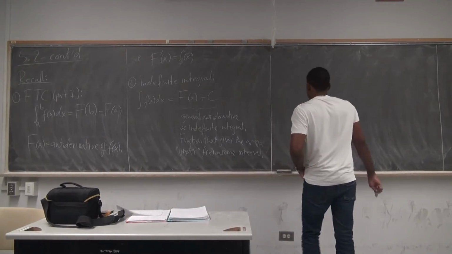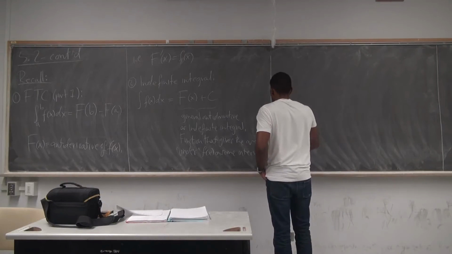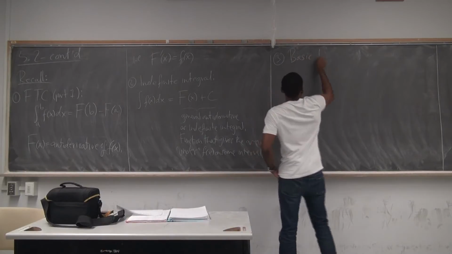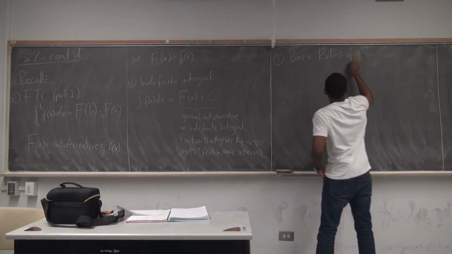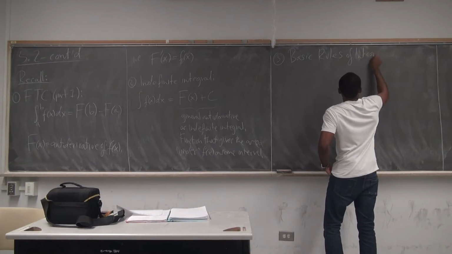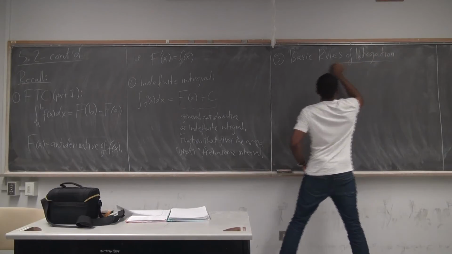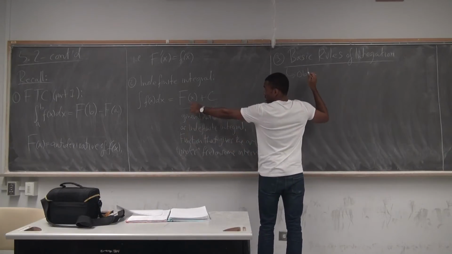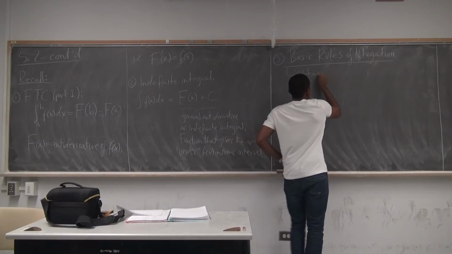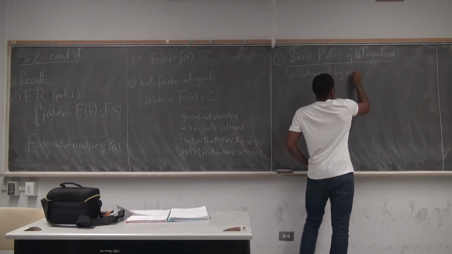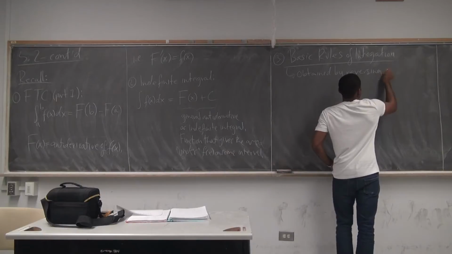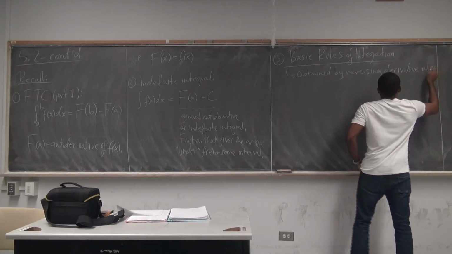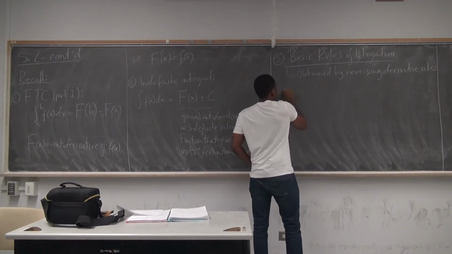What else did we talk about? We talked about the basic rules of integration. Basically, we obtain these by reversing the derivative, because we know that this guy is the antiderivative of that guy. So one was the power rule.